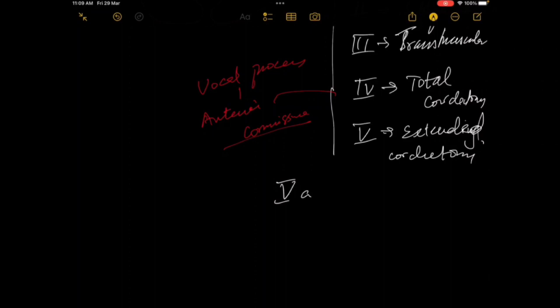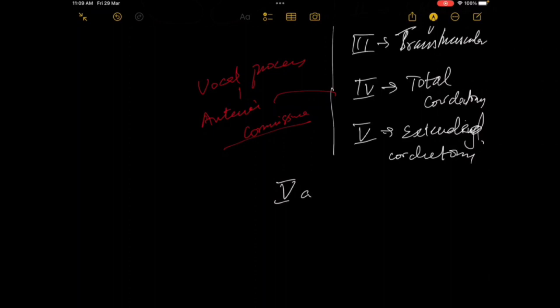In type 1, we will be removing only the epithelium and Reinke's space, which is the superficial lamina propria. This is called subepithelial cordectomy.